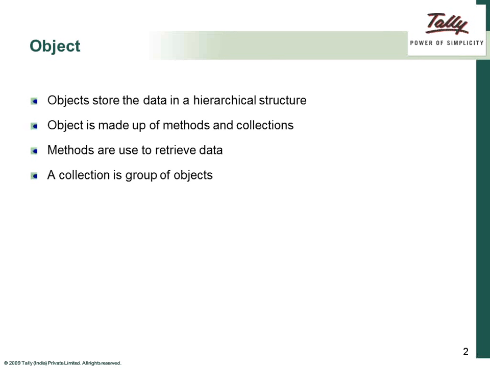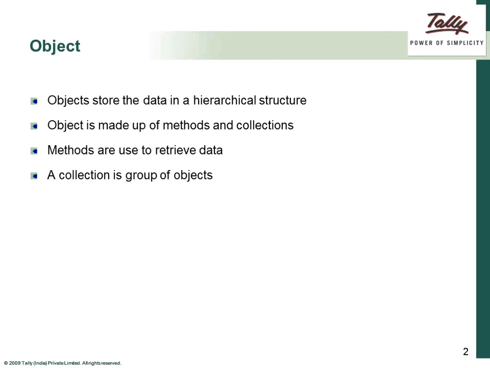Basically, object stores data in a hierarchical structure. Now what's a hierarchical structure? It is nothing but like a tree structure. An object is made up of methods and collections. A method is used to retrieve the data, and a collection is a group of objects.